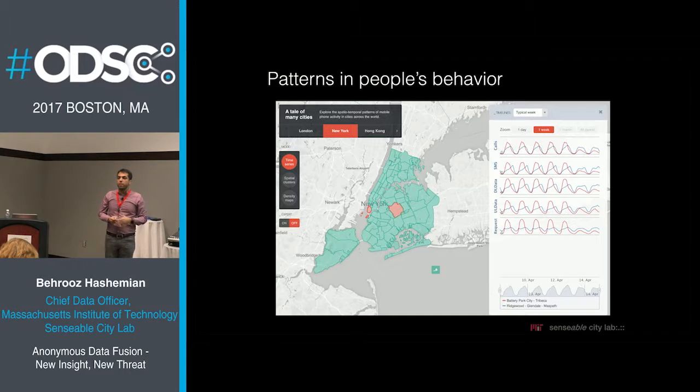So by only looking at these trends and without having any prior knowledge, we can identify that, okay, these are calls being made from a residential area or from a financial area. So there is lots of information in the patterns that people have in their everyday life. And this is the foundation for anonymous data fusion.